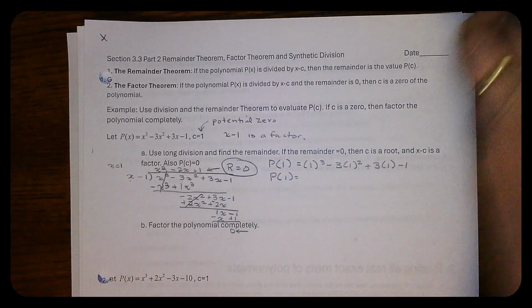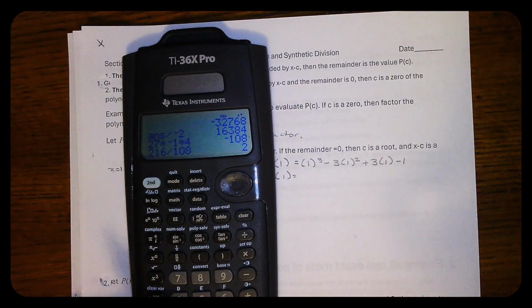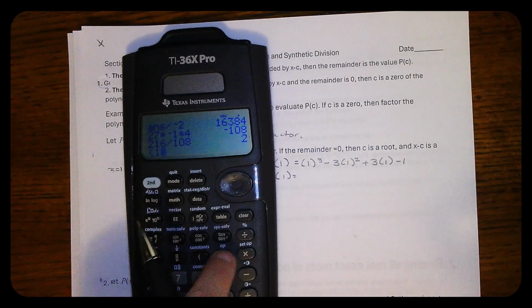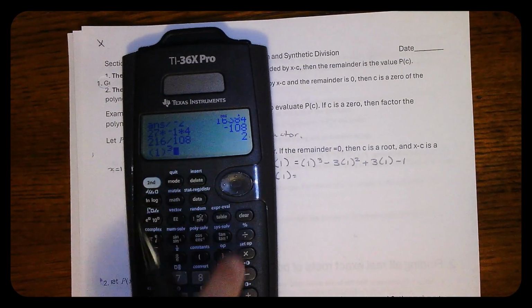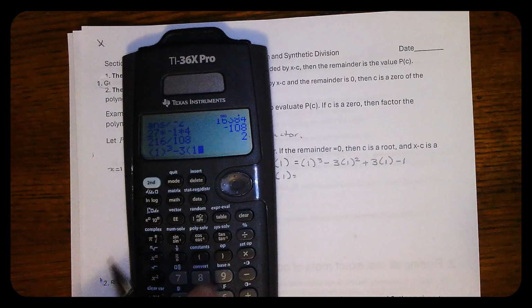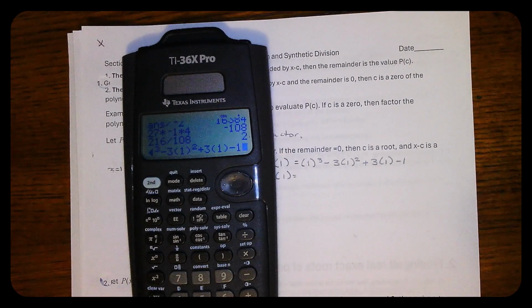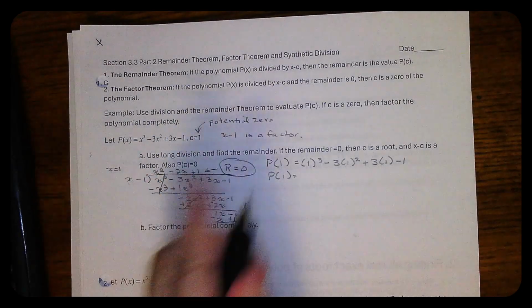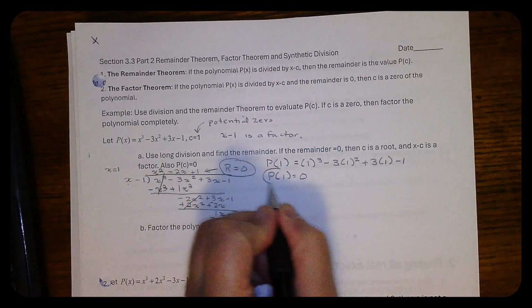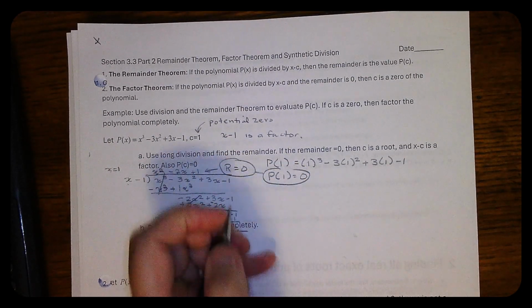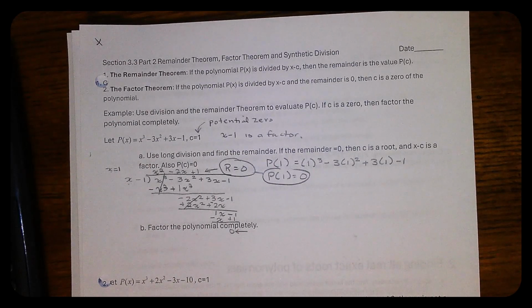I'll use the calculator for this. When we hit enter, we get a value of 0. So that's the same remainder that we got when we did long division.